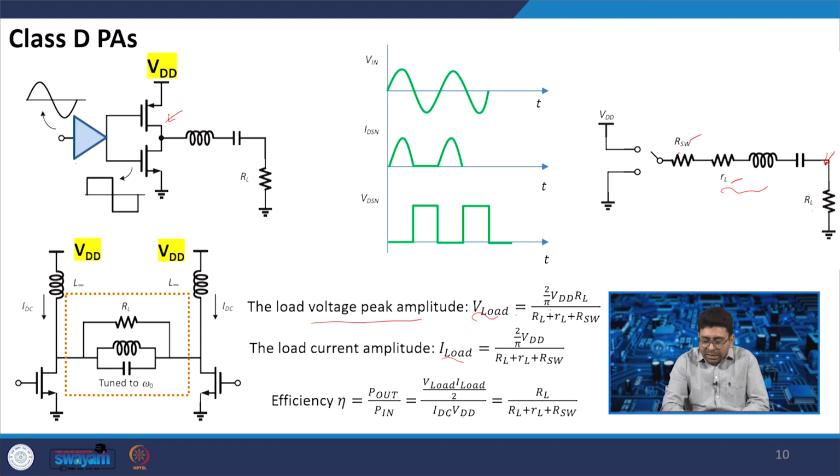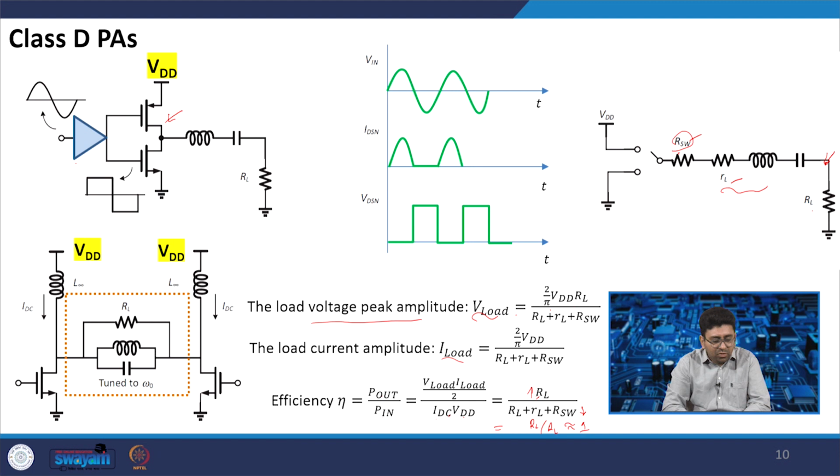If RL is very high and we reduce the switch resistance, then RL divided by RL plus R switch approaches 1, so the efficiency approaches 1. So there is a possibility to get more than 90 percent efficiency, or around 100 percent efficiency, if we design the switch with a low resistance and have a better matching network.